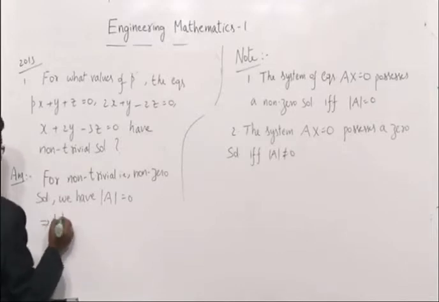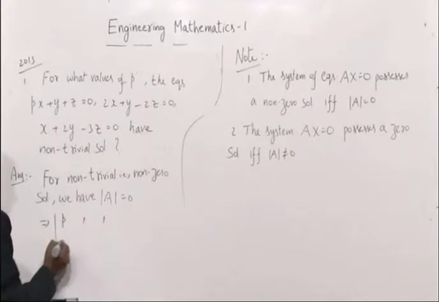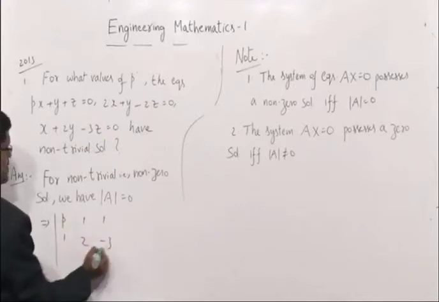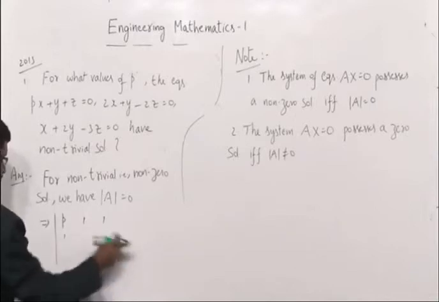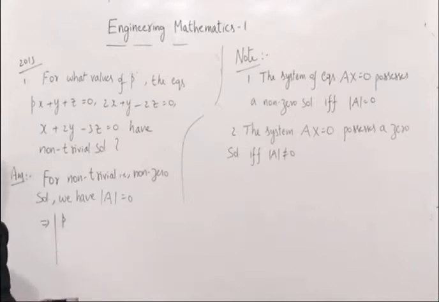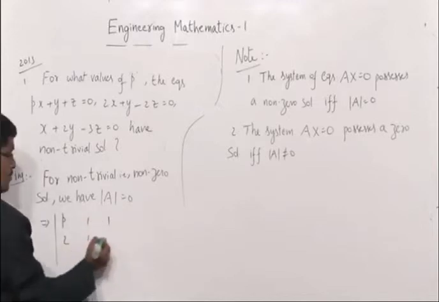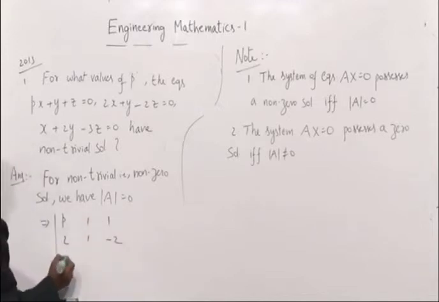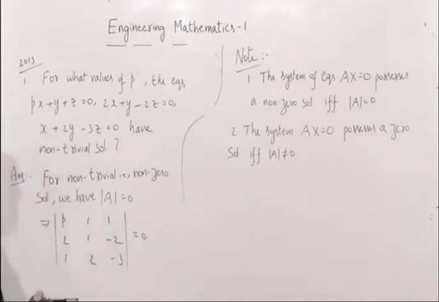What is the determinant of the equations? That means the matrix A, collect all x, y, z coefficients, write row-wise. Sorry, I have made a mistake. In the first row, coefficients are P, 1, 1. In the second row, 2, 1, minus 2. In the third row, 1, 2, minus 3.